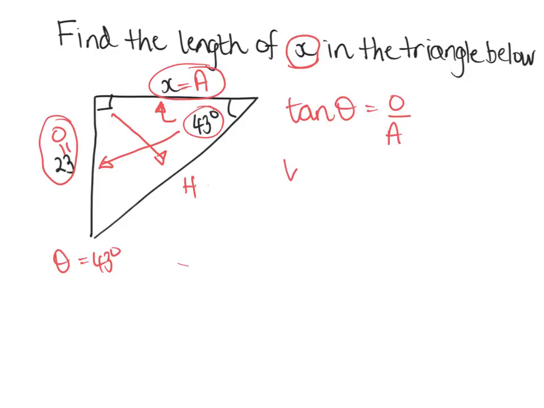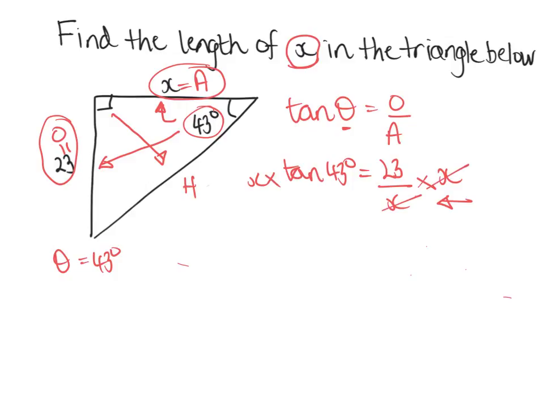So let's put in everything we know. In place of theta, the reference angle will be 43. In place of O, the opposite side, will be 23. And in place of the adjacent side will be x. Again, we've got x down here in the denominator. Now what we can do is we can multiply by x on both sides.